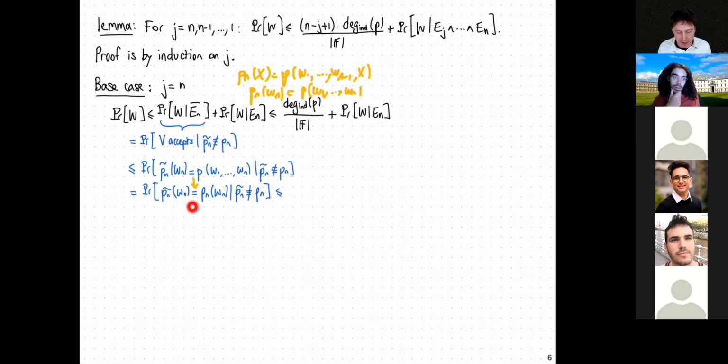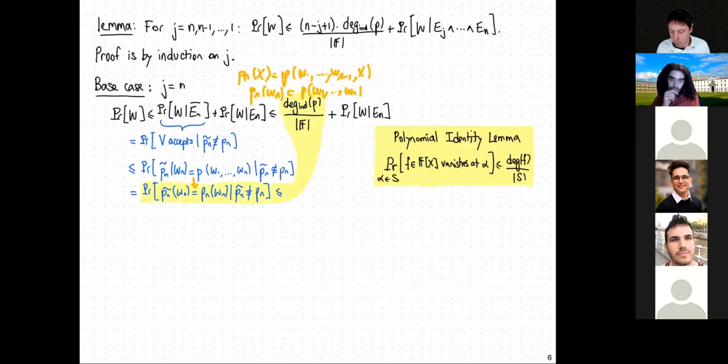We evaluate them at a random point and we're asking, do they agree? Well, this is at most this quantity by something known as the polynomial identity lemma, okay? The probability that a non-zero polynomial, I didn't write non-zero, I should fix that, vanishes at a random point is at most its degree divided by wherever the point comes from. Why? Because a polynomial has at most its degree many roots, okay? And that's all the places where it can vanish, okay?